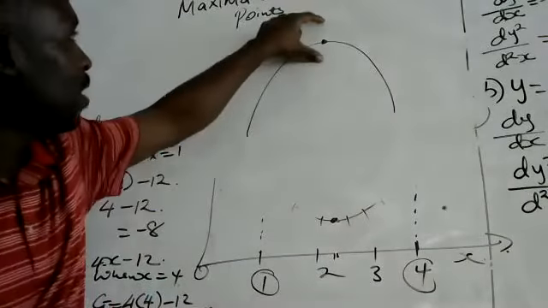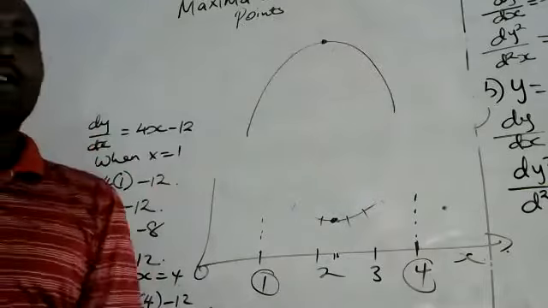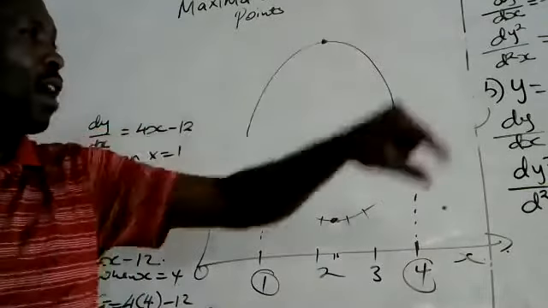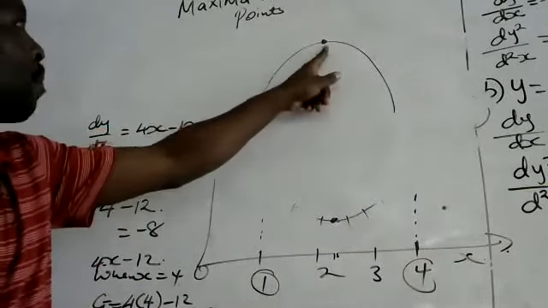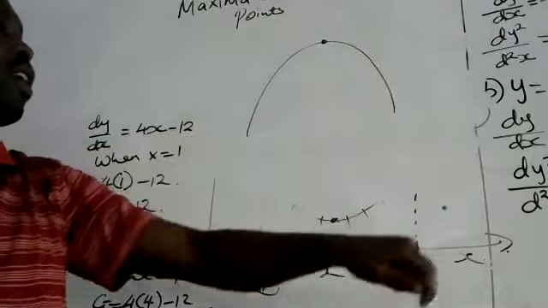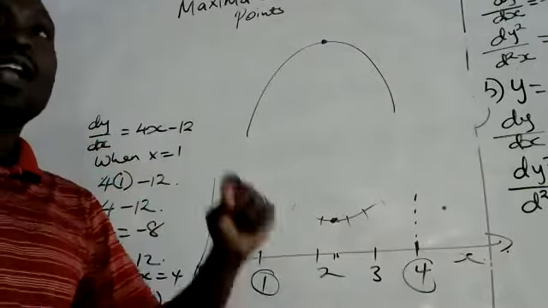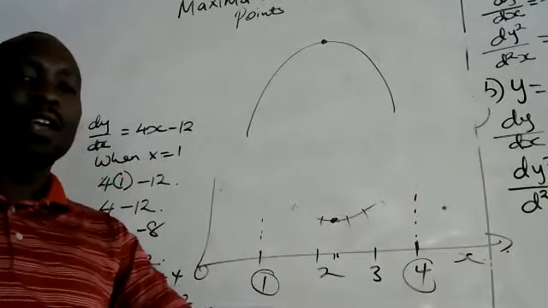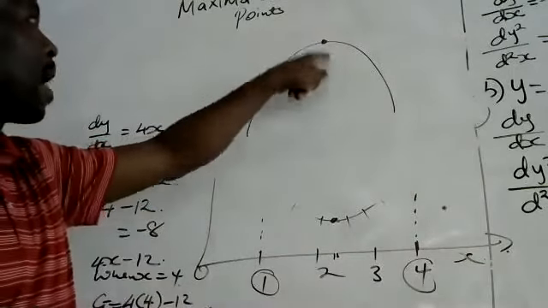So the gradient of the profit function at that maximum point will be 0, and then we shall solve that to get the number of units an organization should produce and sell for the profit to be maximum.